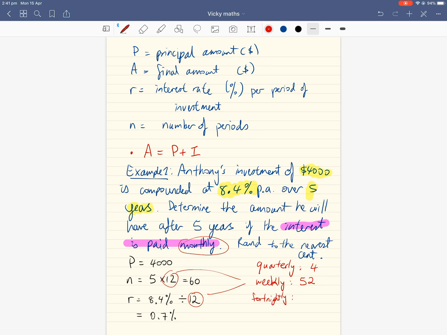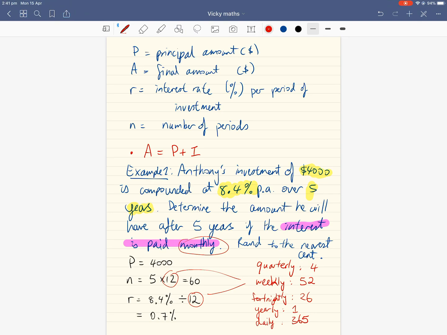Fortnightly, there are 26 fortnights in a year, and if it's just yearly, then it's 1 because there's 1 year in a year. Or if you have daily, then we say there are 365 days in a year. And so because the interest is paid monthly, we have to change our R and our N accordingly. So you've got to be careful of that.